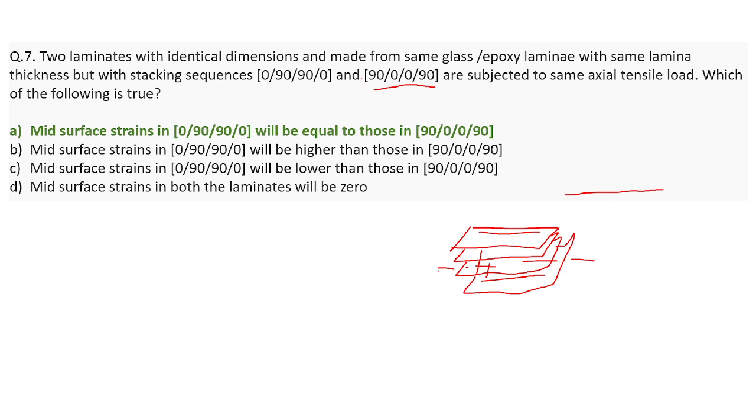So the answer will be that the mid surface strains in 0, 90, 90, 0 will be equal to those in 90, 0, 0, 90. Because above and below the midpoint, the properties will be similar, since only 0 and 90 laminas are used in both cases. That's why their strains will be equal.